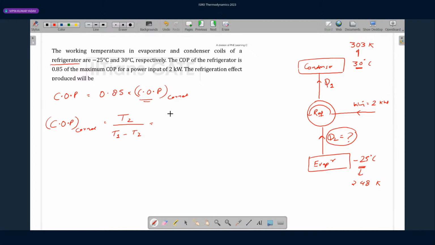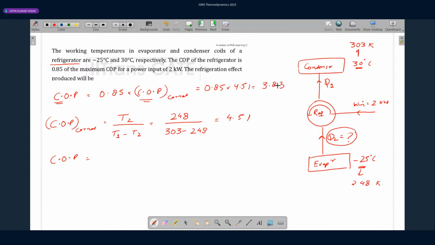Always put them in Kelvin. So 248 divided by 303 minus 248, here the maximum you will get is 4.51. So now I can find out my COP, which is 0.85 into 4.51.